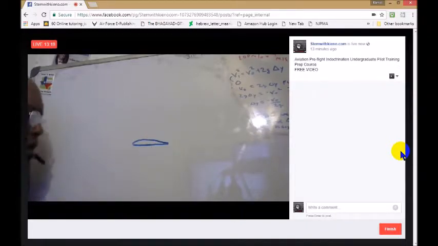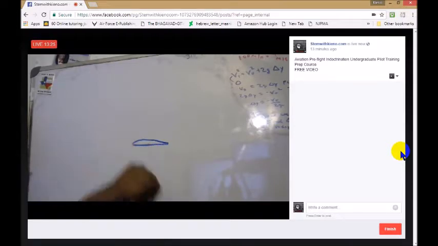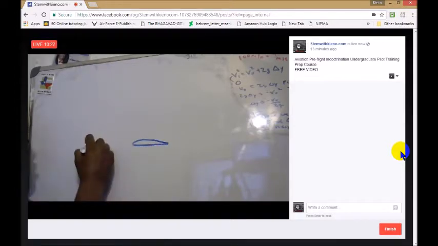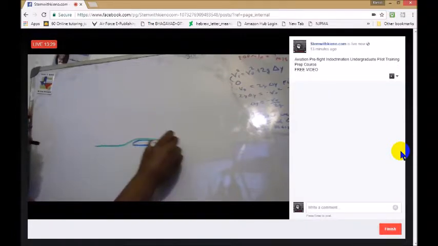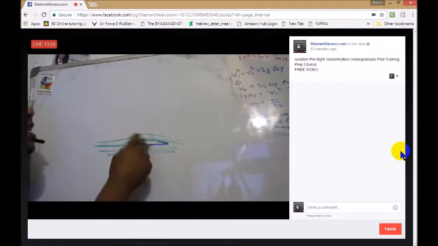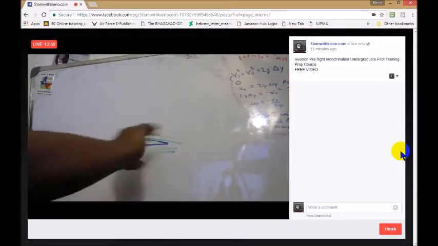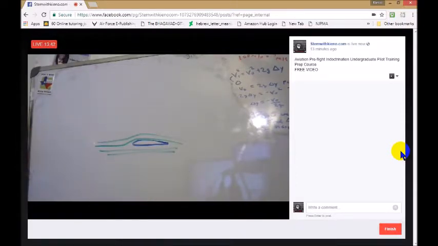As the relative wind approaches, the air molecules need to be approaching the wing at a certain speed. This is synonymous with when you were a kid and you used to stick your hand out of the window and feel the airflow. You can't see the airflow, but you could feel it.